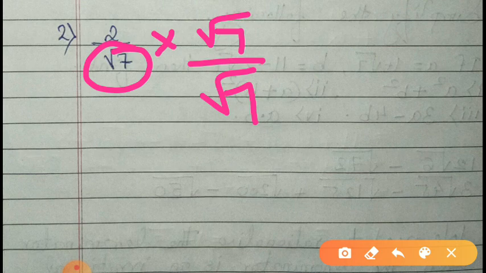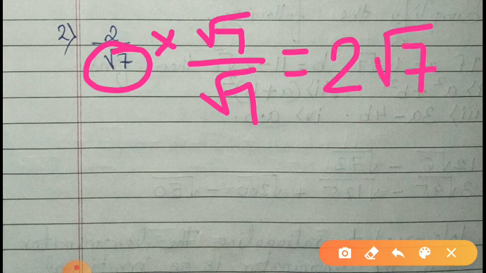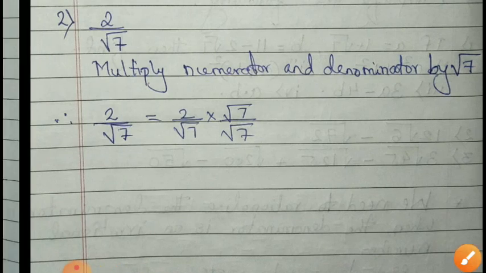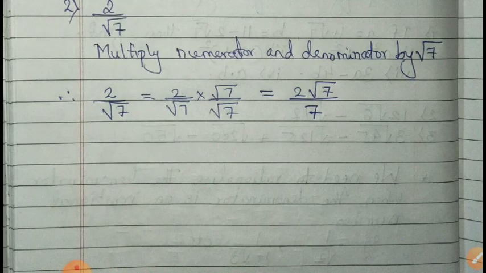So what will I get as the answer? 2 into root 7 is your 2 root 7. And root 7 into root 7, what I'll be having is 7. Clear? That means my answer is 2 root 7 by 7. Okay, in the denominator I have got a rational number. Multiplied by root 7, then I'll be getting 2 root 7 by 7. Clear?